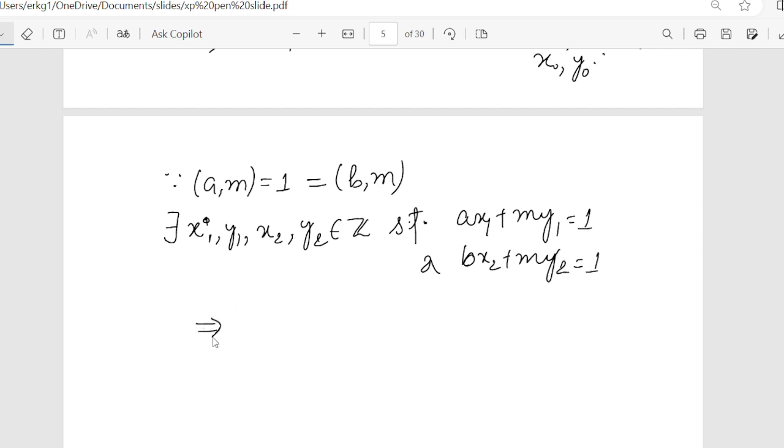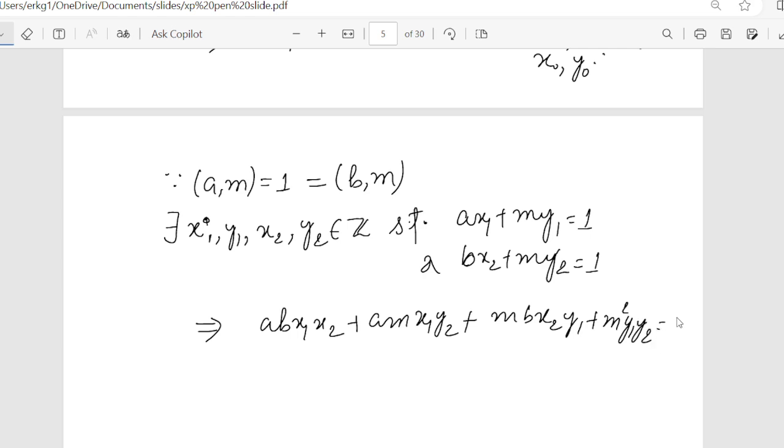Now multiply these equations. So we get ab x1 x2 plus am x1 y2 plus mb x2 y1 plus m square y1 y2 is equal to 1.